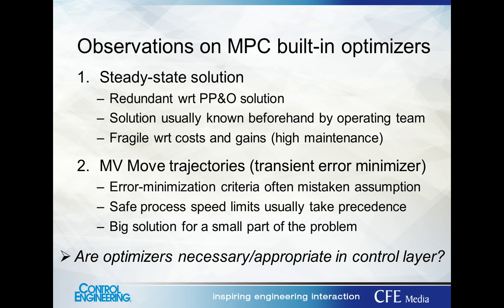But industry has learned in single loop, as well as multi-loop control, that while minimum error may seem like the obvious criteria for control performance in industrial operation, observing safe process speed limits and minimizing overshoot and oscillation normally take precedence over minimizing transient error, so that the move optimizer becomes another large footprint solution to a diminishing and transient part of the problem.